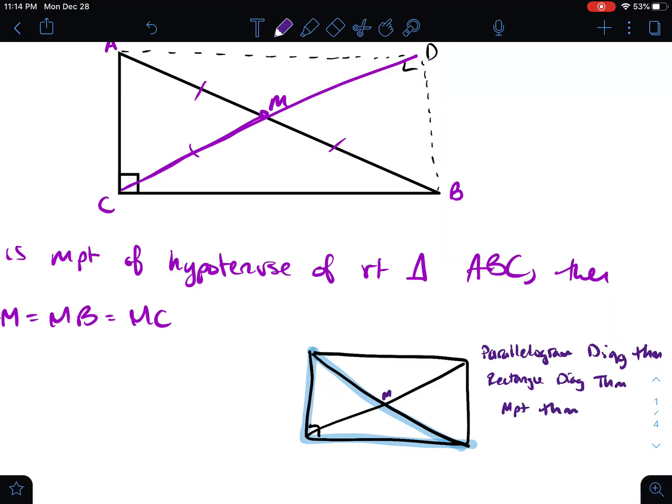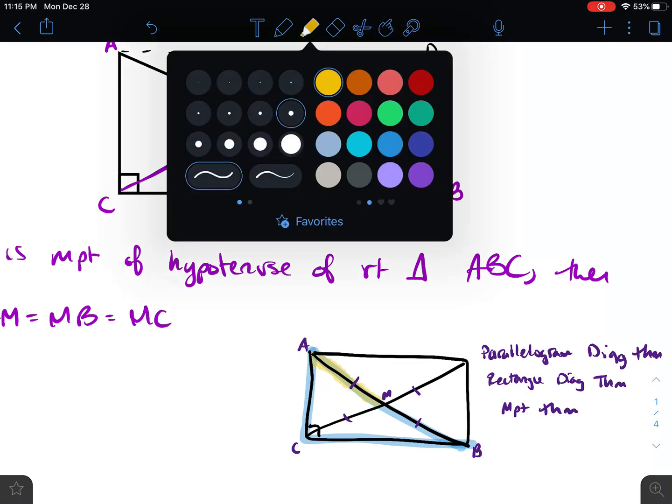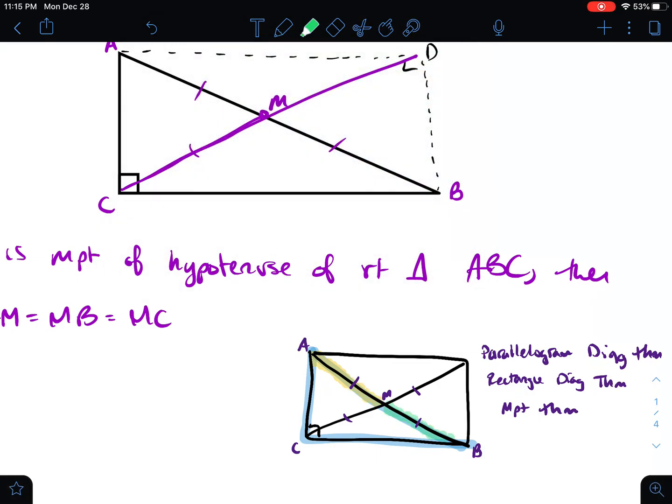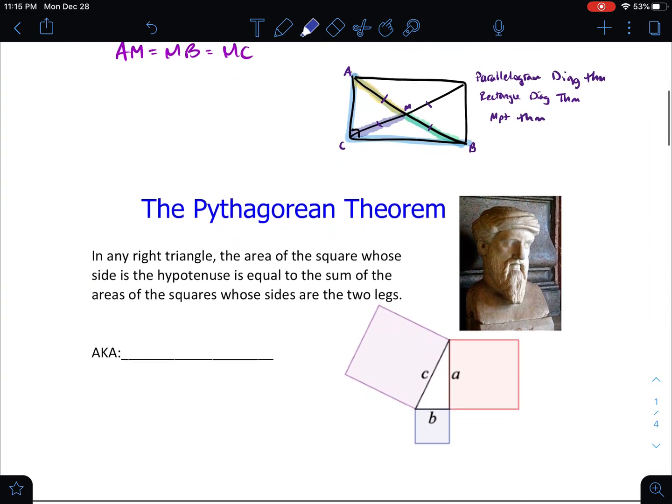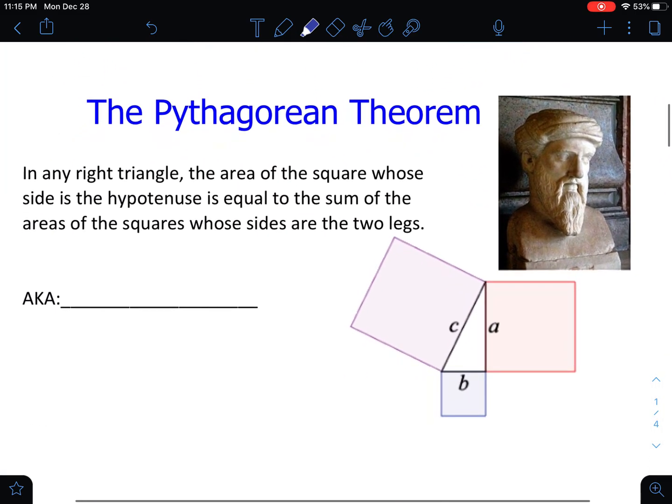So using some combination of the midpoint theorem and a little bit of the transitive property, it should be pretty easy to get that all four of these lengths are the same, and therefore AM, MB, and MC in particular are all going to have to be the same. So the midpoint of the hypotenuse is equidistant to each vertex.